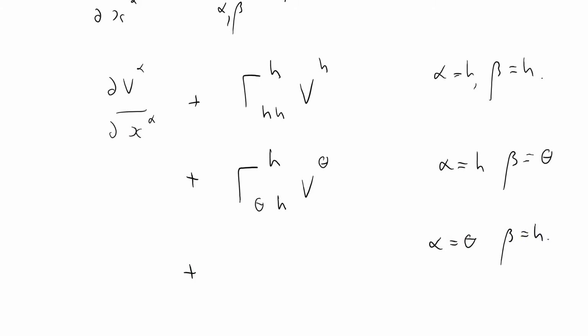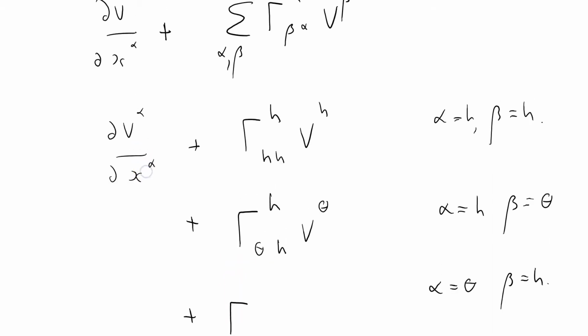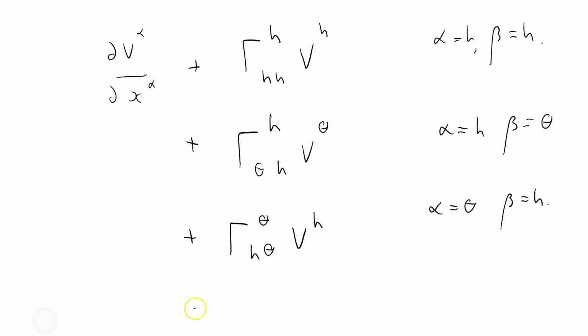Do you see how I'm summing over α? α is taking all the things it can do, which is h and theta, and β is ranging over everything it can range over, which is h and theta. Then α equals theta, β equals h, v^h. And the last term is going to be α equals theta, β equals theta, v^theta.